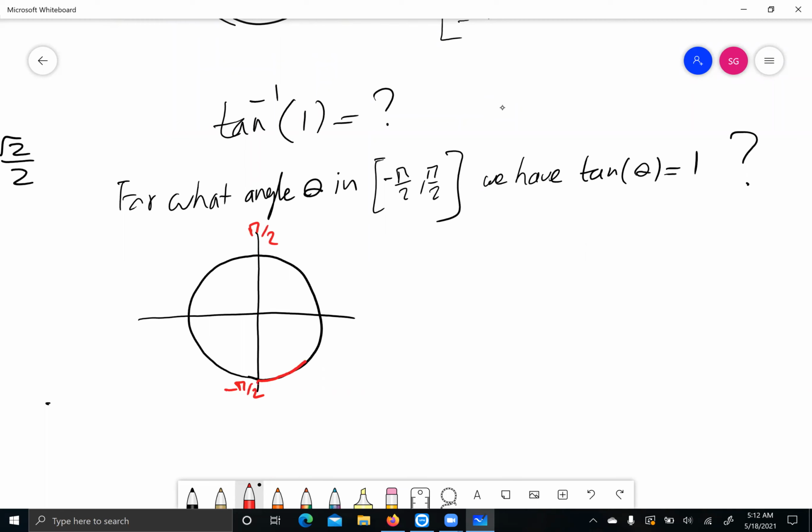The answer is pi over 4, because pi over 4 is the only angle whose tangent is 1, and it's in the domain.